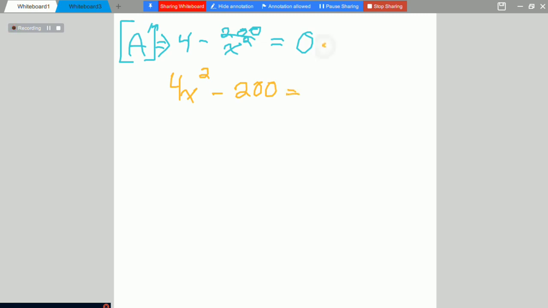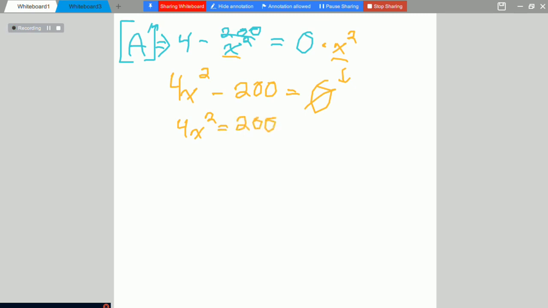And 0 times x squared is still going to be 0, so we'll leave it at 0. So we got rid of that x squared on the bottom. That's this guy. We multiplied it by x squared, and you see the x squared, and that was 0. All right. So now we could move that 200 to the other side. So we'll get 4x squared equals 200.